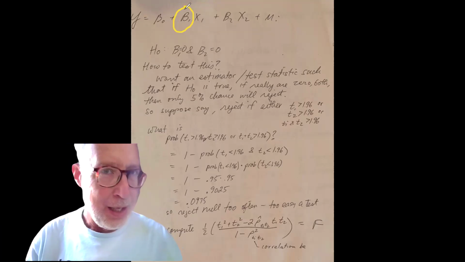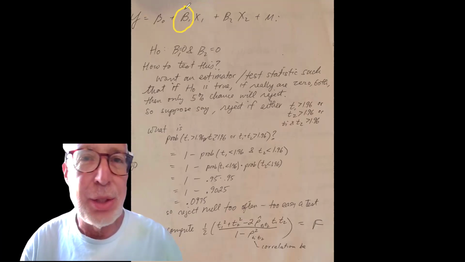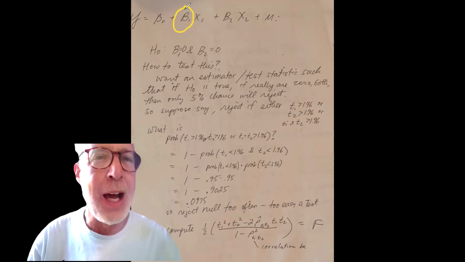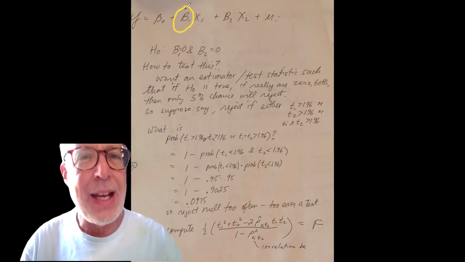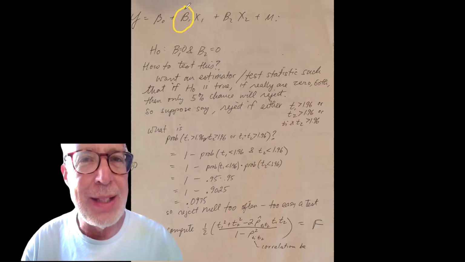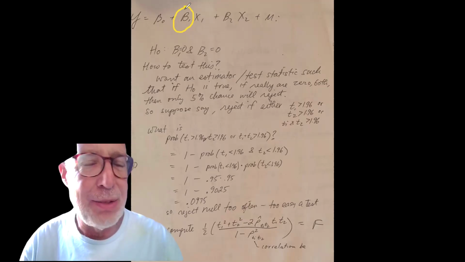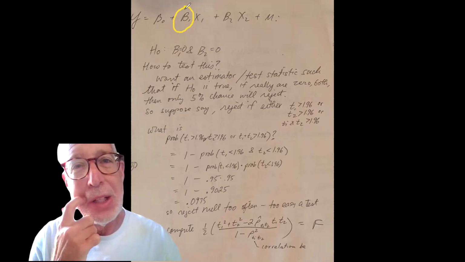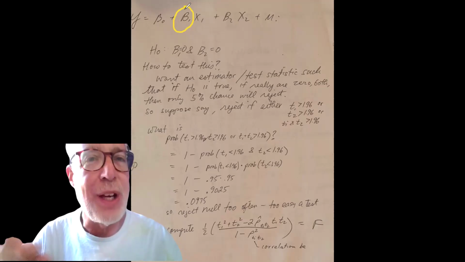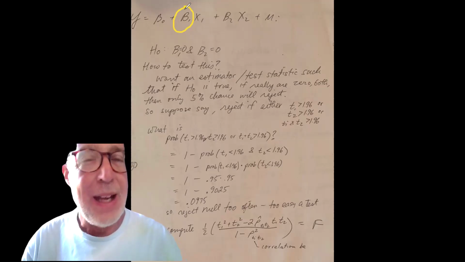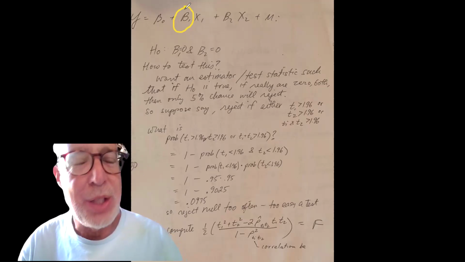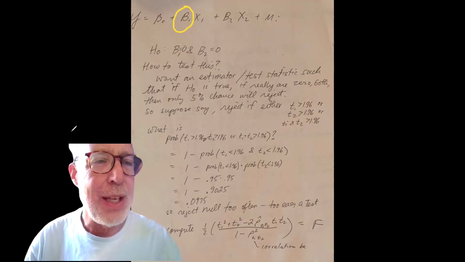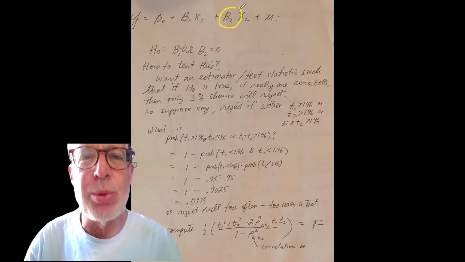If the null hypothesis is that the coefficient equals 0, then 5% of the time we'd have a t-stat value greater than 1.96, and we'll say that would be relatively low probability. So if we do find a t-stat value greater than 1.96, we'll reject the null hypothesis. Alternatively, of course, we could test the null hypothesis that b2 is equal to 0.